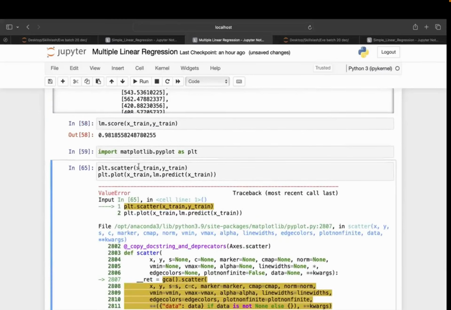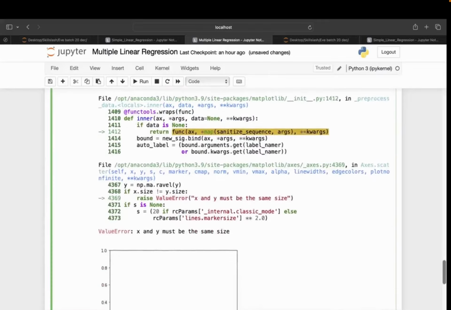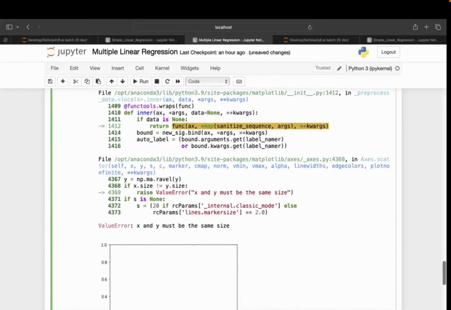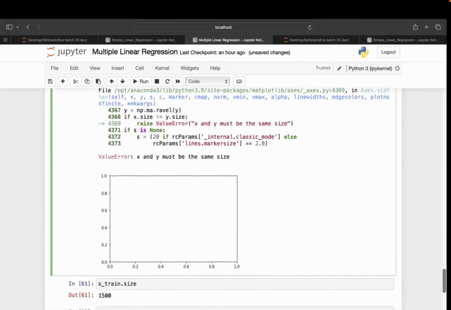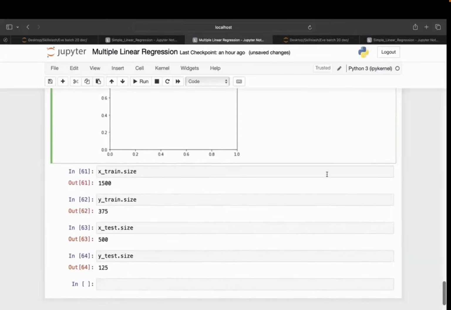Just a minute. X train and Y train. Okay, so then there's one more. No, basically what is happening, it will create a plane, I understand. It's just, I'm not understanding the X train and Y train, why it is different.